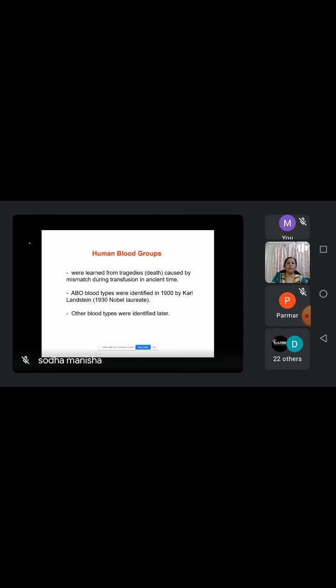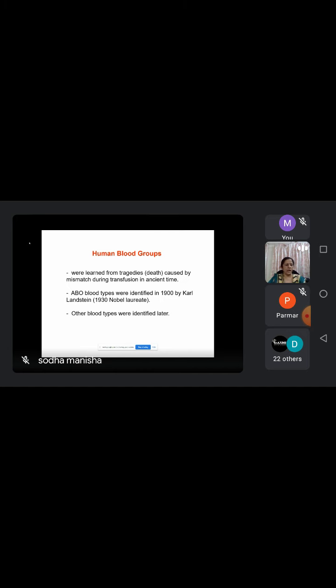Okay, now coming to blood groups. As we have discussed, at the time of blood transfusion, it is necessary to match the blood group. When more than 40% of blood is lost within a few hours by hemorrhage or so, it is to be restored by intravenous infusion.